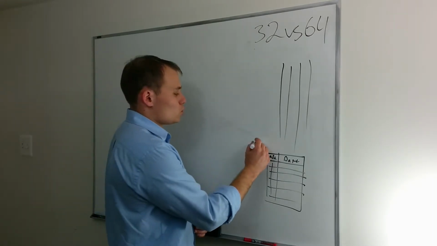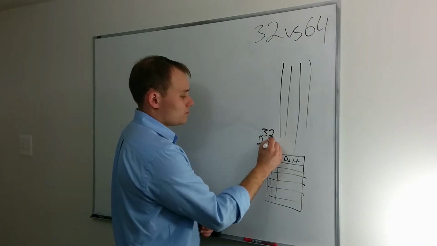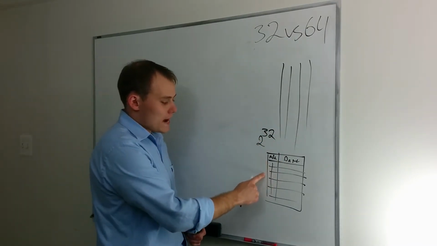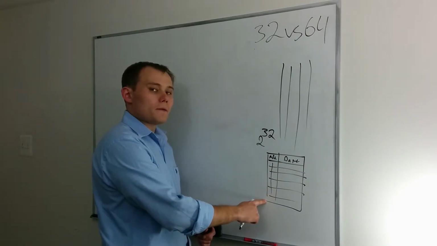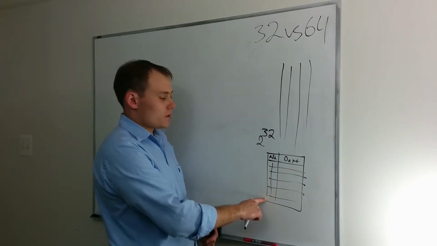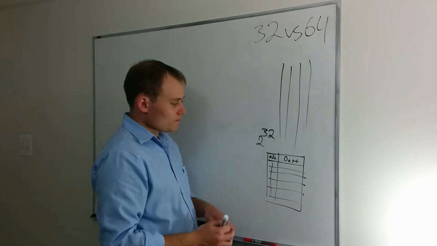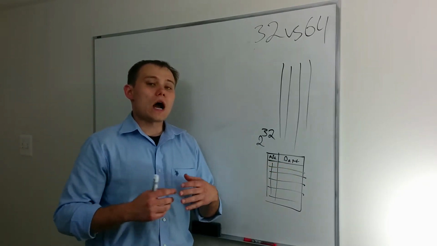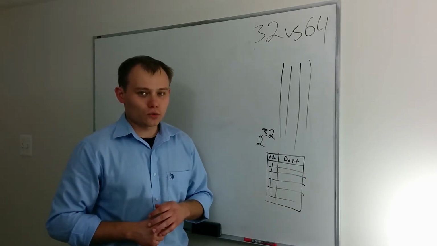And that number was 2 to the power of 32. So if you do a multiplication here, this is the maximum number of unique memory addresses that that system could hold. So this created a hard limit for how much memory a system could actually use.